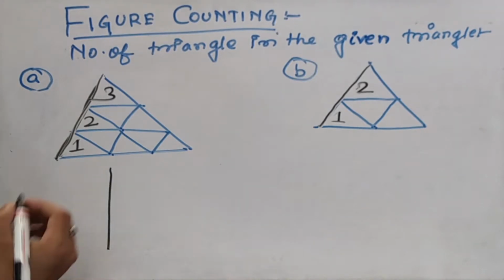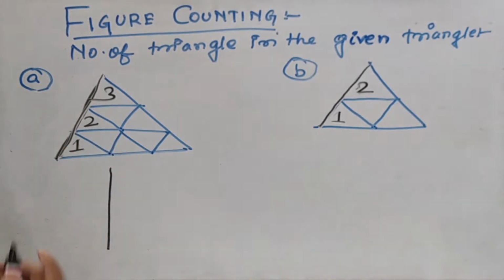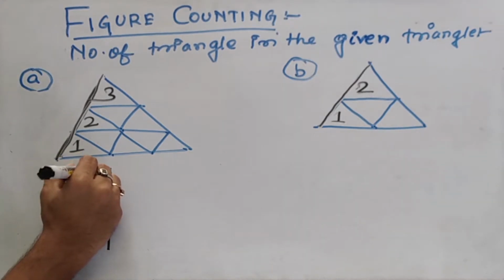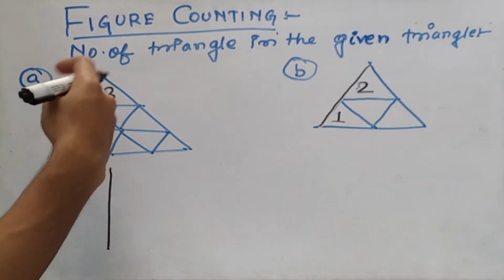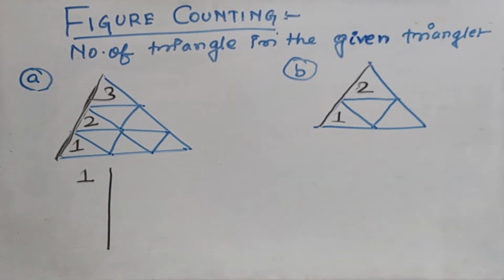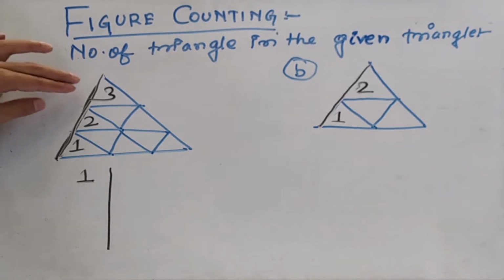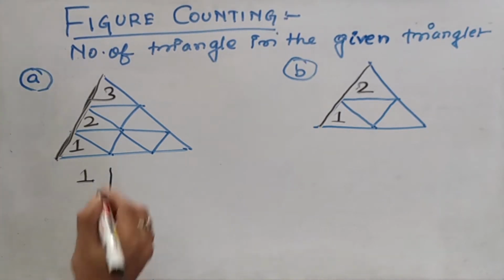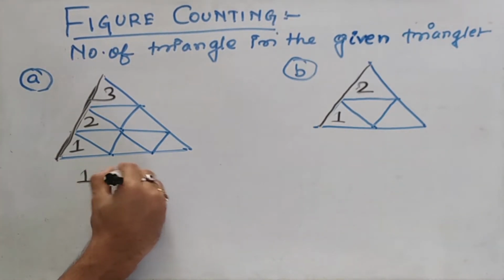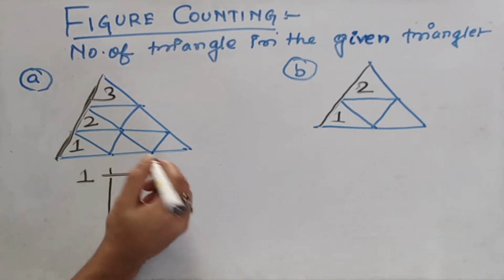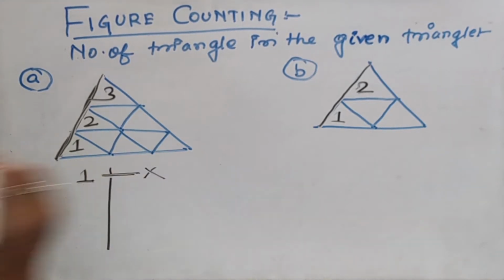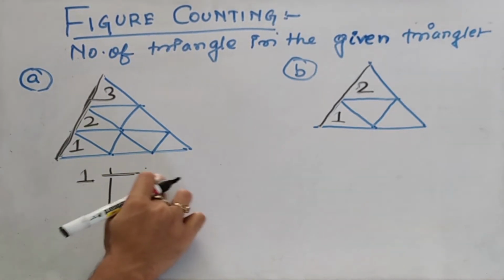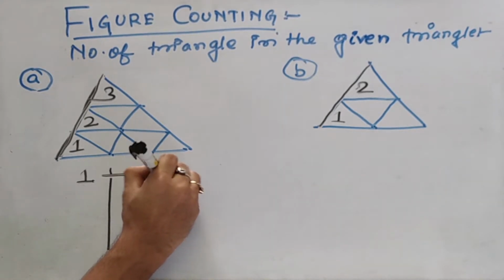So the first step is to find the number of triangles, write 1, and as you go higher up to the stages you have to write the cumulative one. So as this is odd number of triangles, on the right hand side you don't have to write anything, put a cross mark. Okay, or you might write 0 also.